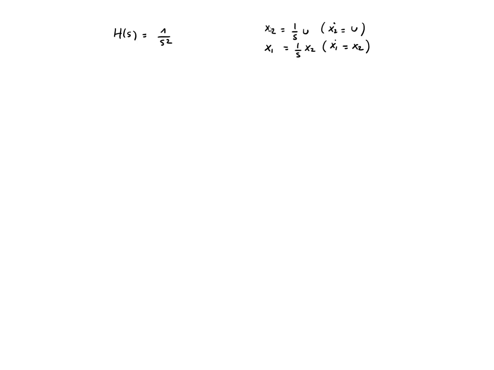So here the output will be y is equal to x1, and this is 1 over s x2, but x2 is 1 over s u. So indeed what we're going to implement is 1 over s squared u, right? So what we'll do is use these two equations to obtain the state space description.